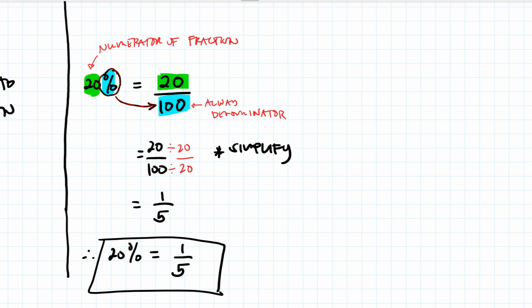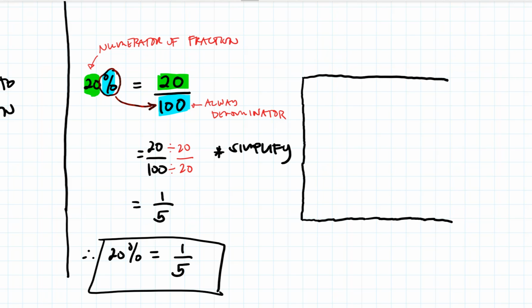Or visually, what you can do is draw a 10 by 10 square, so 1, 2, 3, 4, 5, 6, 7, 8, 9, 10, and then 10 also as my base. 1, 2, 3, 4, 5, 6, 7, 8, 9, 10.